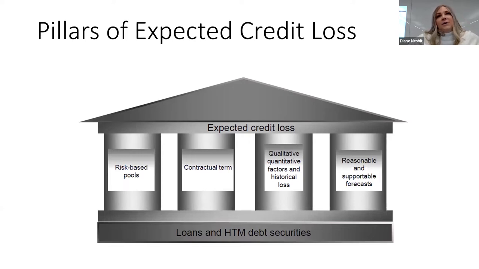It does not have to be applied at the individual asset level. You can pool things that have common risk characteristics, and that is helpful in minimizing some of the administrative burden of implementing the standard. So look at what you can pool together, and then you're looking at contractual terms, other qualitative and quantitative factors, the historical loss experience for your specific entity and the type of asset, and then reasonable and supportable forecasts.